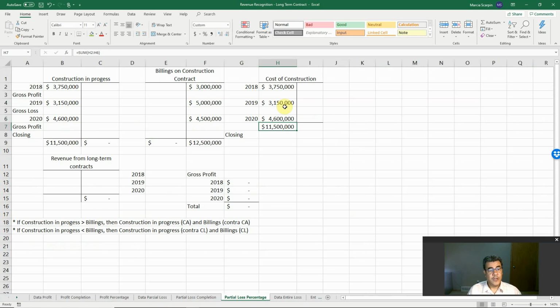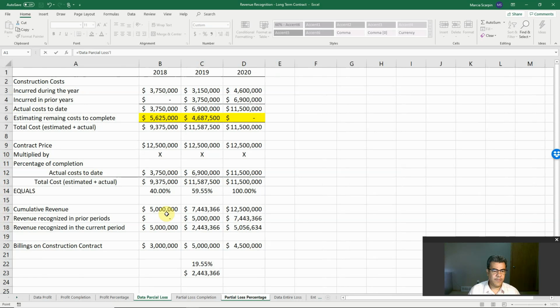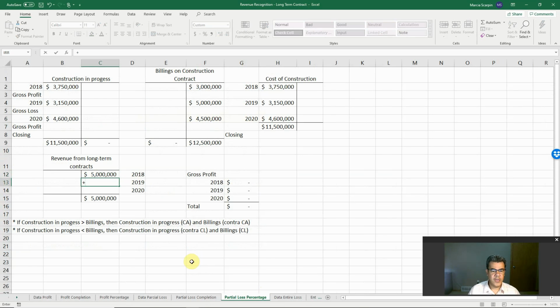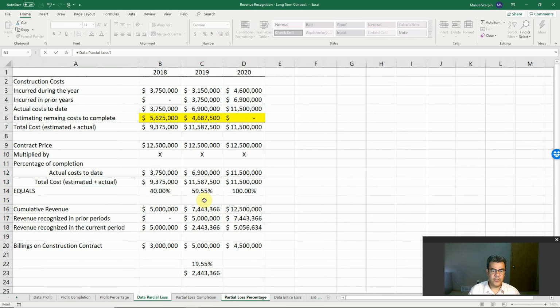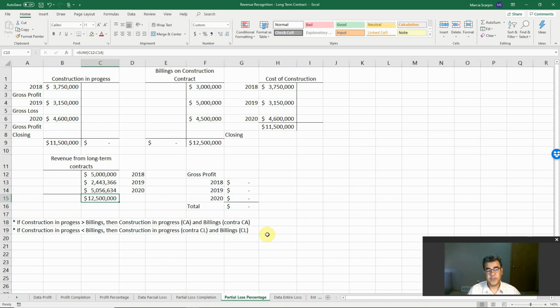Okay. So how much is our revenue in the first year? The revenue is 5 million. Second year, the revenue is 2.4. The third year, the revenue is 5 million.